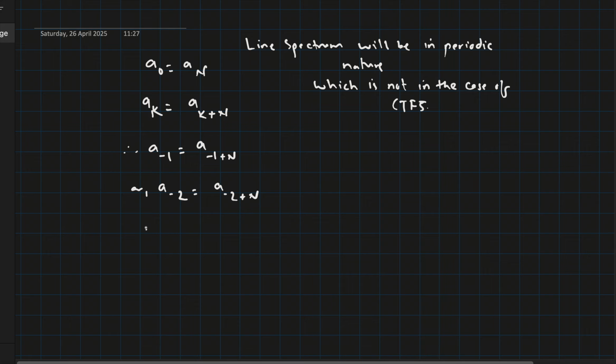It is also a 1 equals a 1 plus N, and this case is only for discrete time signals.